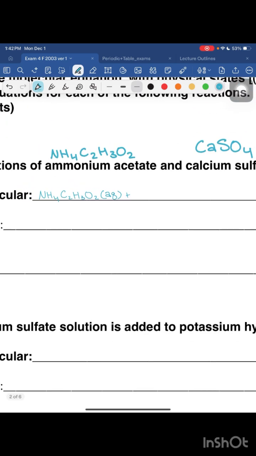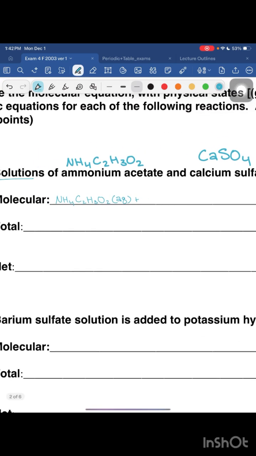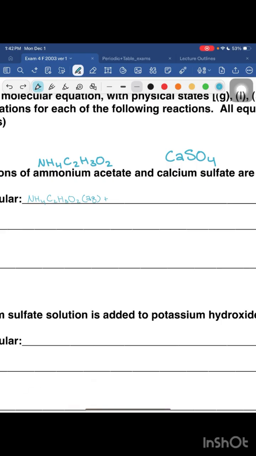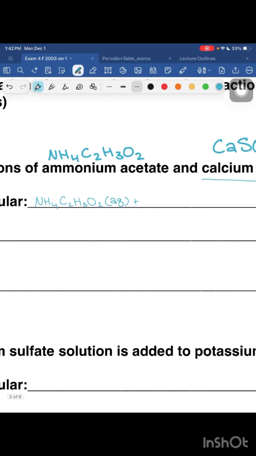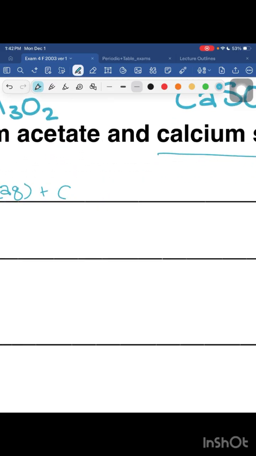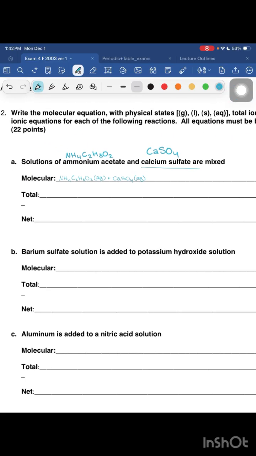And it also hints, it says solutions of ammonium acetate and calcium sulfate. So even though everything in your soul is telling you that calcium sulfate is insoluble in water, because it is insoluble in water, it says solutions, so we're going to write it as aqueous, even though my whole body tells me not to.